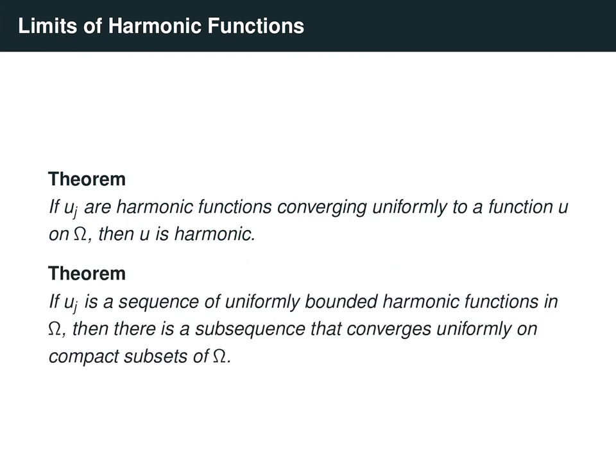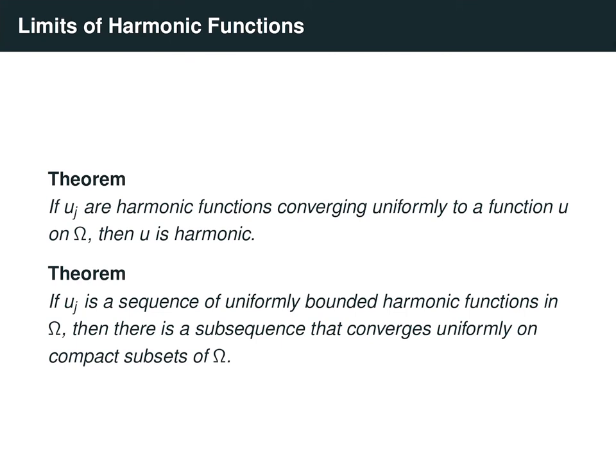We also have nice compactness properties for harmonic functions. So if we have a sequence of uniformly bounded harmonic functions in the domain omega, we can pass to a subsequence that converges uniformly on compact subsets of omega. And this follows just from the Cauchy estimates, because if we have a uniformly bounded sequence of harmonic functions on some open set, then inside every ball they are uniformly bounded. And then using Cauchy estimates, you can show that the first derivative is uniformly bounded on each ball.